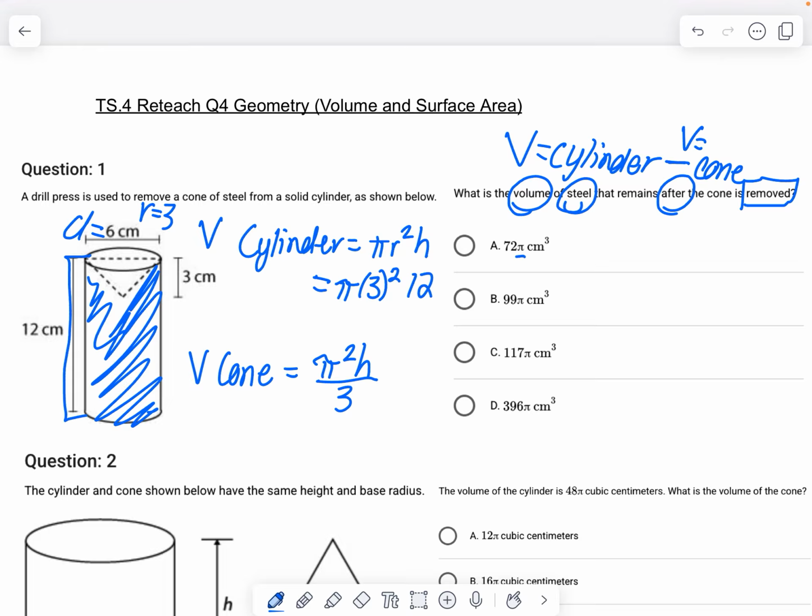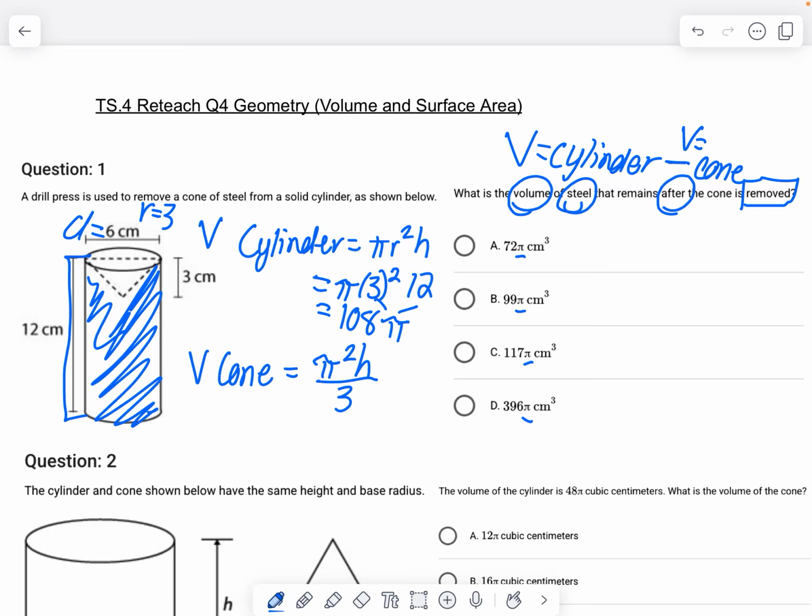I see all my answers have pi in them, so let's not multiply pi in. Let's just multiply the numbers together. 3 times 3 is 9, and 9 times 12 is 108 pi. It's still multiplication, we're just not plugging in that pi button. We're just doing simple math we can do in our head.